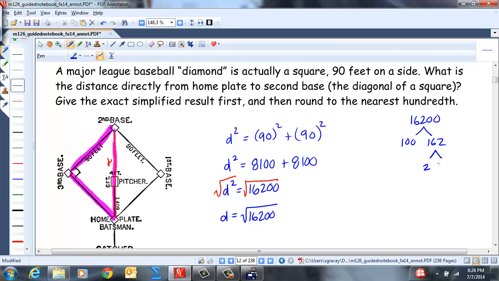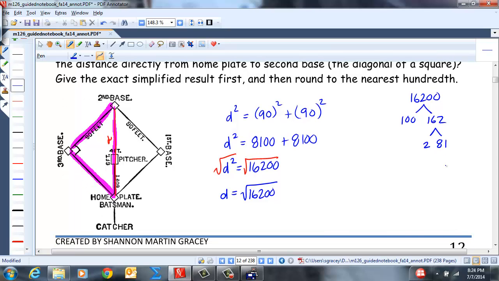This guy's equivalent to 2 times 81, and 81's a perfect square. So I can write the distance as the square root of 100 times 81 times 2. So the distance will be, the square root of 100 is 10 times the square root of 81 is 9 times root 2. So the distance is 90 root 2 feet.